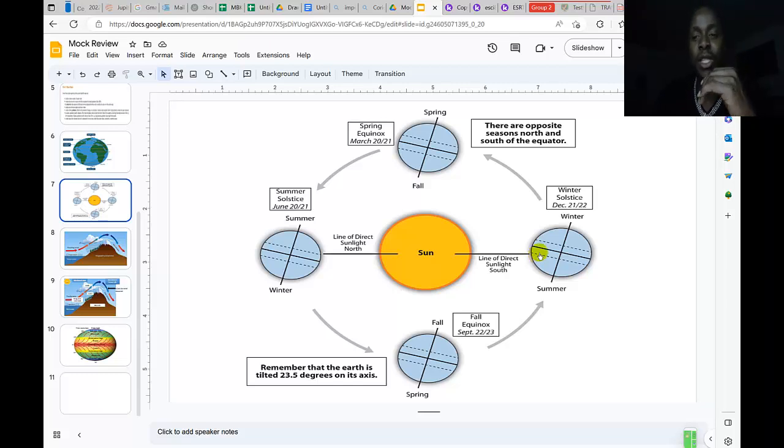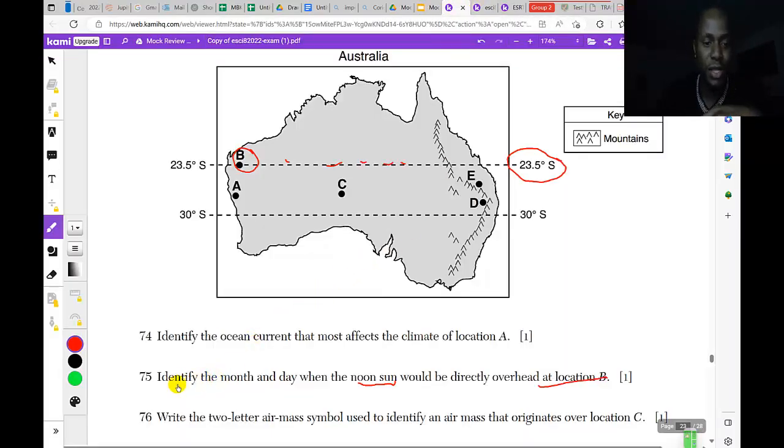So to answer that question, the winter solstice will be the time where the sun will be overhead at 23.5 degrees south, and that would be December 20th or 21st or 22nd in the winter solstice. So let's go back to that question, question number 75.